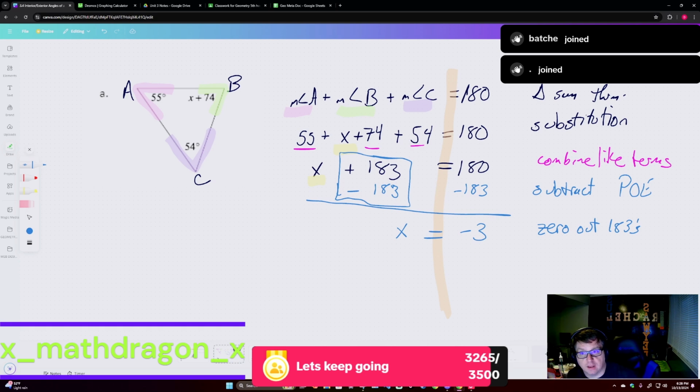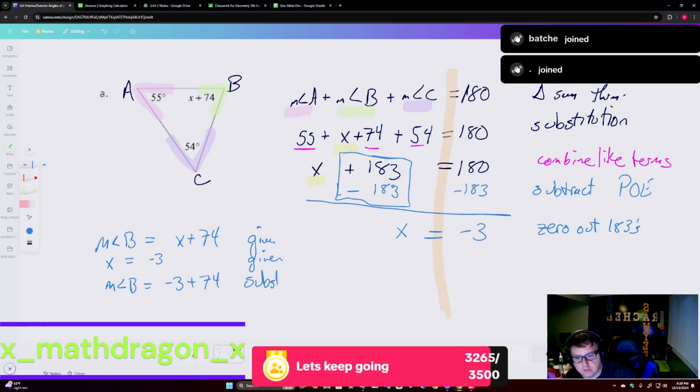So x equals -3. And if we wanted the measure of angle B, remember it's x plus 74, that's given. And we know x equals -3. That's the solution we just got, so we'll call that given. And then we can do substitution. So negative 3 plus 74. That's substitution.